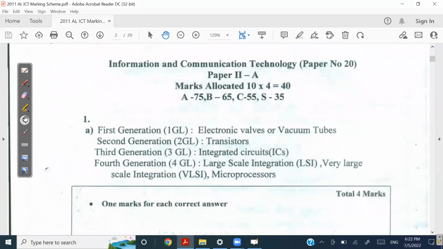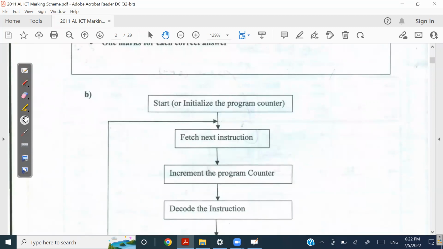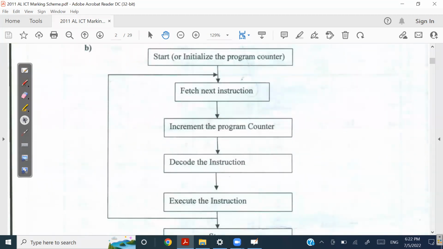Right, so the second part is asking about the fetch execute cycle, right? At least you should have fetch next instruction, increment the program counter, decode the instruction, execute the instruction. At least these 4 steps should be there, and you should show it is being cycled, right?